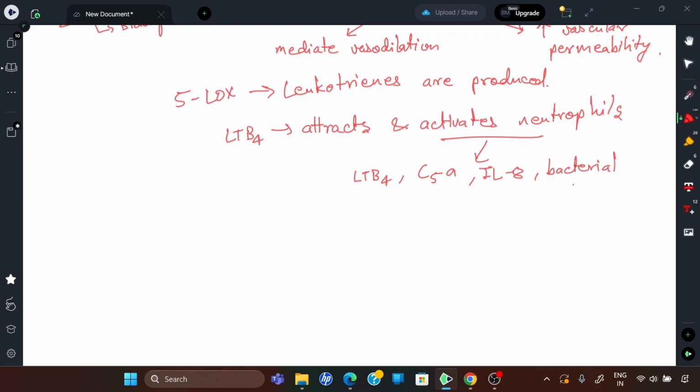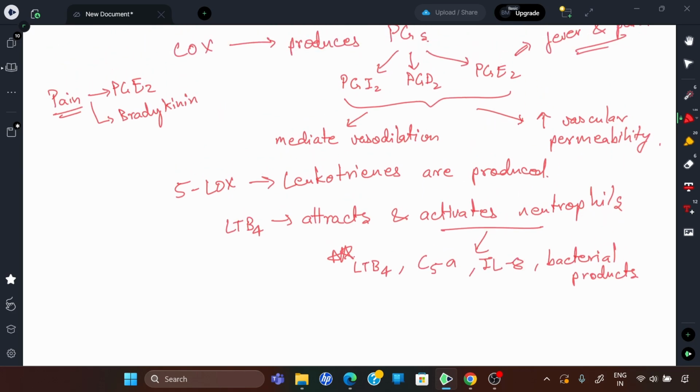So again, you can remember this as a generalized note. Wherever you see LTB4, C5a, IL-8 or bacterial products involved, you will see that the neutrophils are attracted and activated, right? So this was another general note. So 3 general notes we have seen.